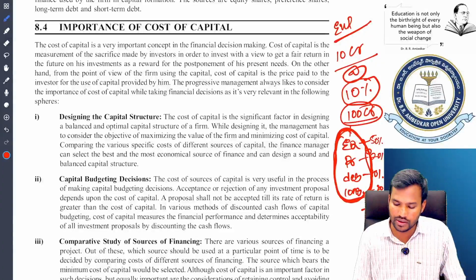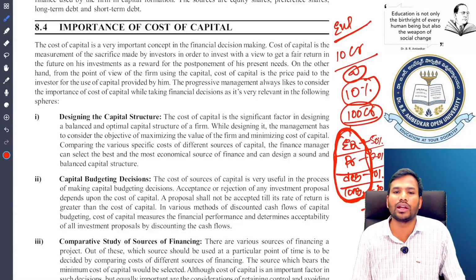Out of 100 crores, I'm giving 50% equity, 20% preference, 10% debentures, 10% long term. This is one of the structures. We can make changes according to our need, requirement, and preference.